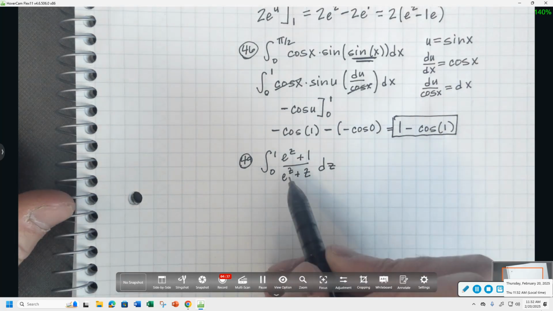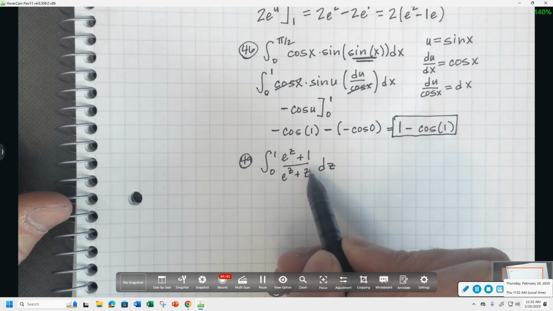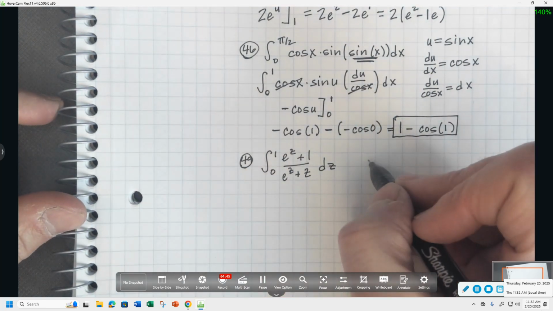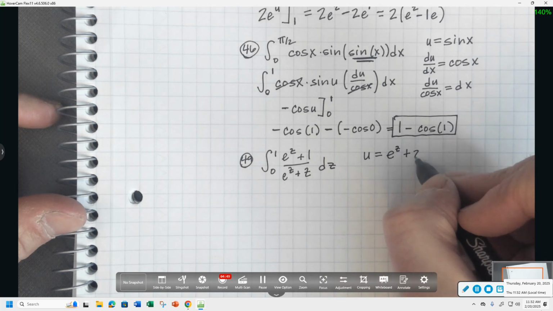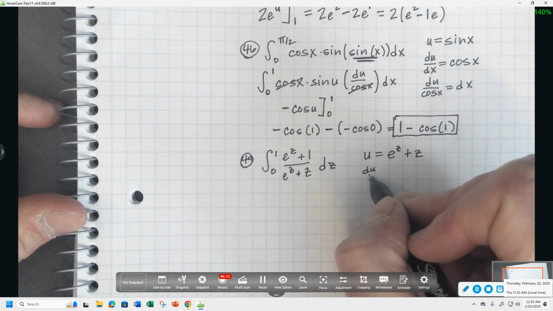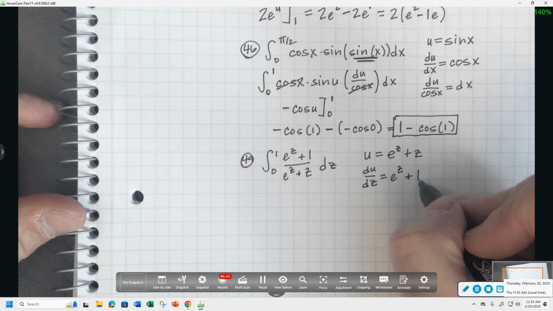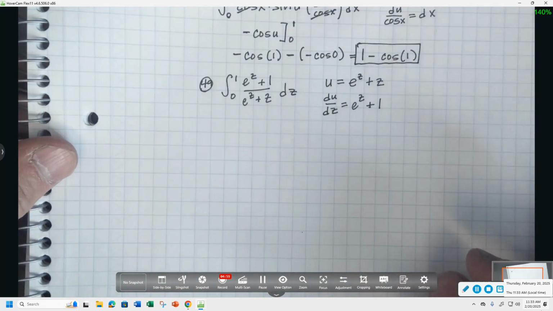I'm very suspicious here because my denominator has a derivative that is the numerator. So if I just let u equal whatever is in the denominator there, and I take the derivative, it's going to conveniently cancel out what I have in the numerator.